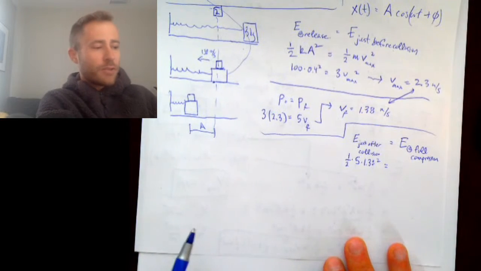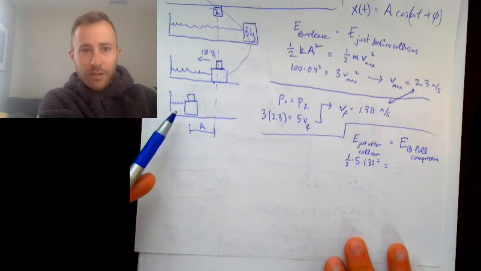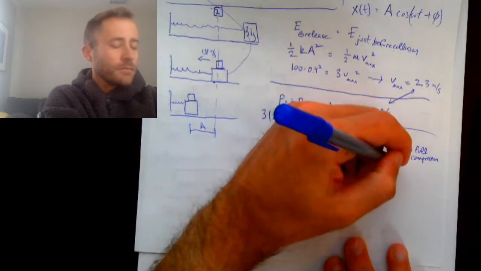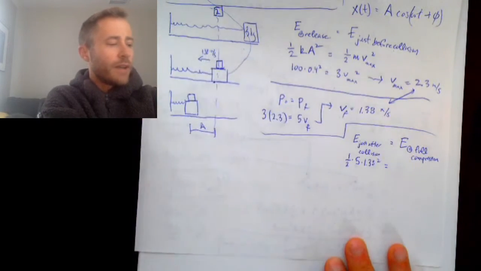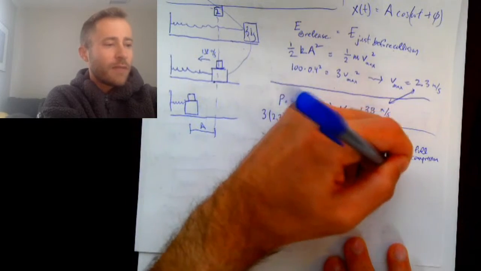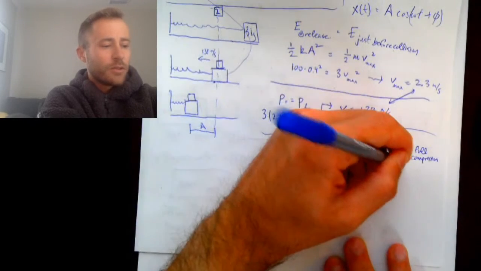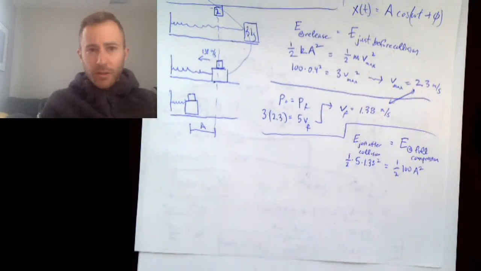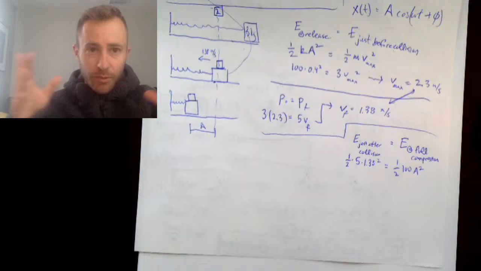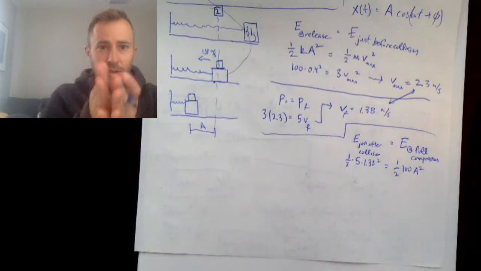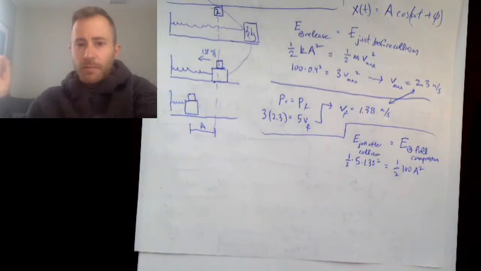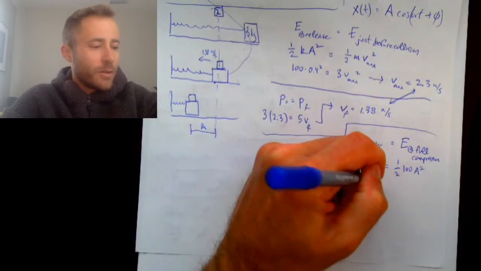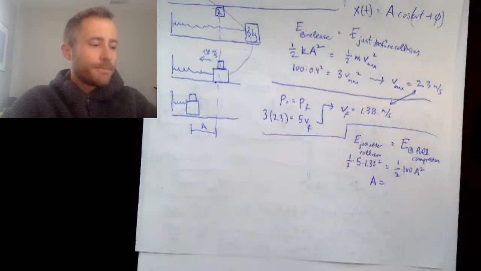At full compression, we have elastic potential energy, which is 1/2 k, which is 100, times A squared. Remember, the collision reduces the amplitude because during the collision it slows down. So I'm going to work that out and solve for the amplitude.